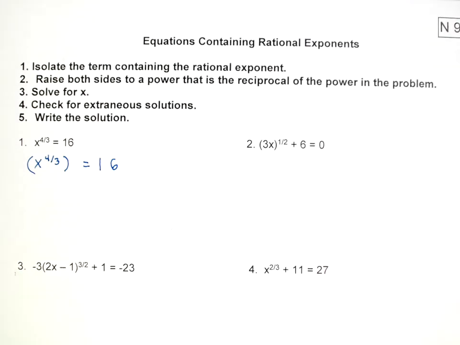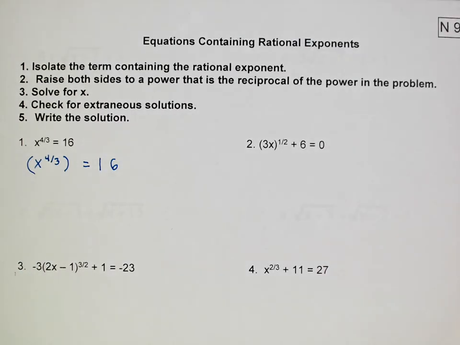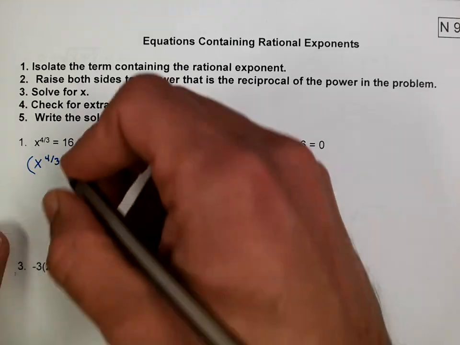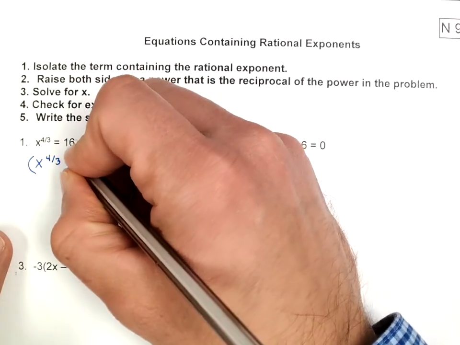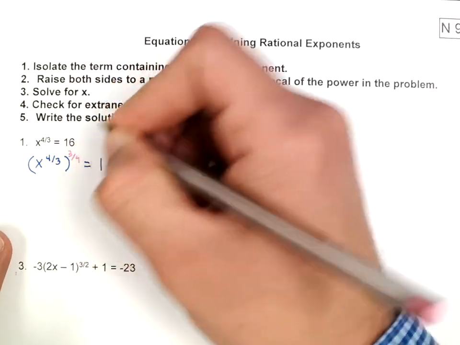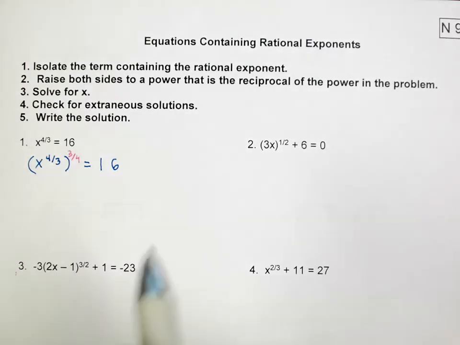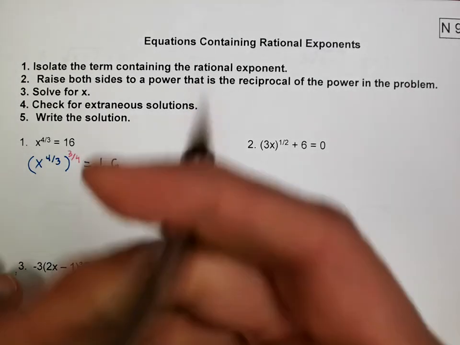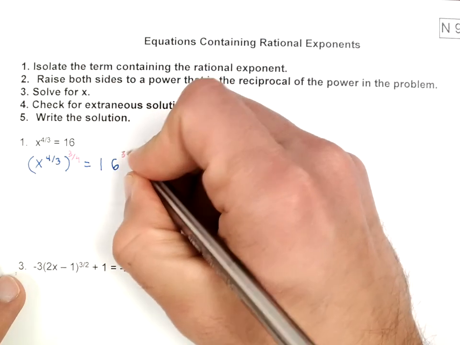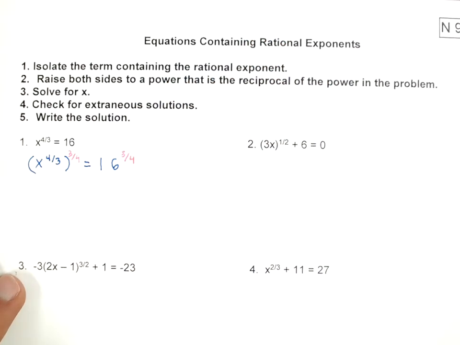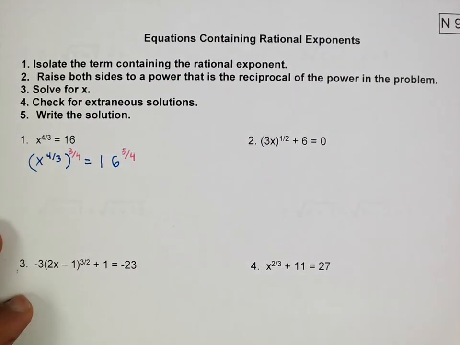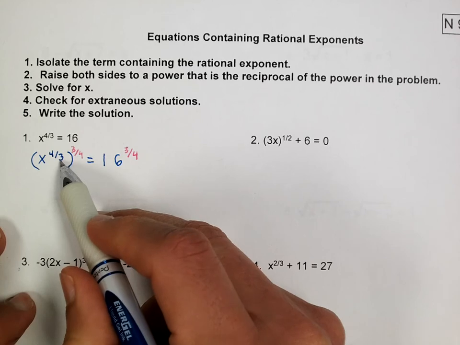We're going to raise both sides to the reciprocal power. If this power is 4/3, we're going to raise it to the 3/4 power, and we're going to do it to both the left side and the right side. Now, this is going to cancel.